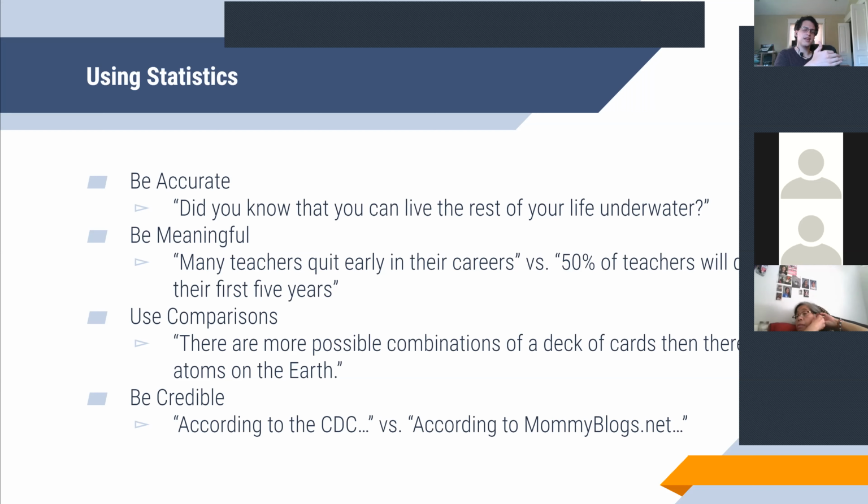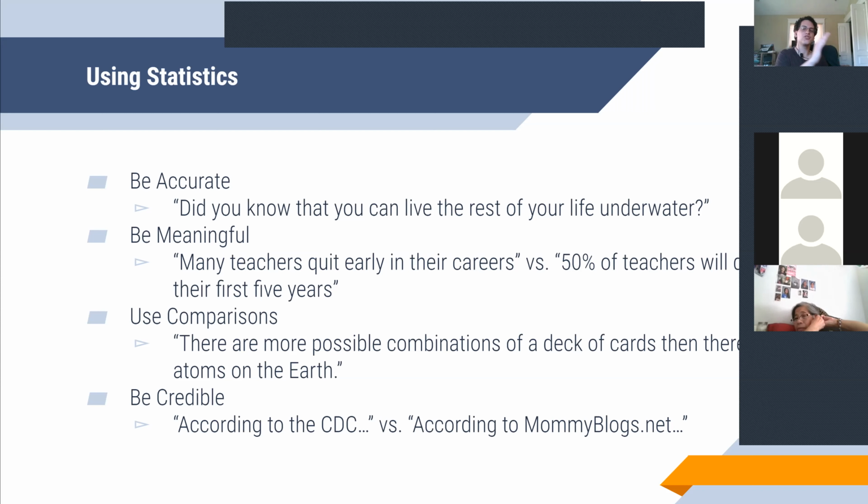Or I can present it as 50% of all teachers will quit their job in the first 5 years. 1 in 2 teachers will stop teaching within the first 5 years of beginning their career. It's one of the highest dropout rates of any job in the United States. That immediately is meaningful to the audience because now 50% is a huge number.